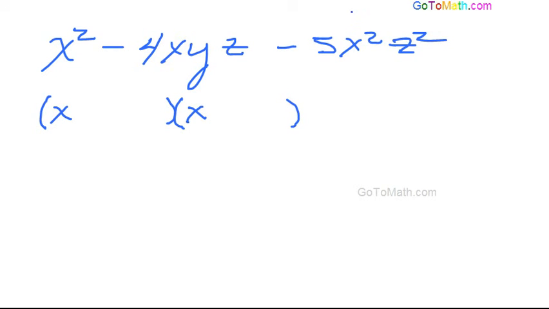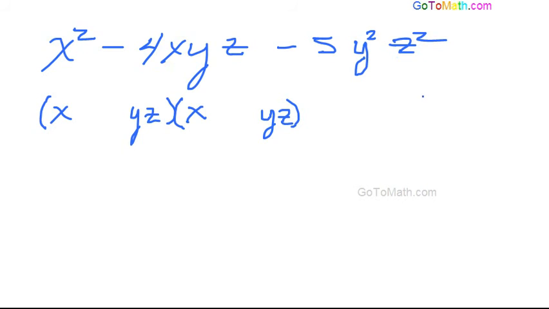A y squared. Huh. I'm like going, man, something is not right here. Okay. So I could put, let's see, we'll put a y here, a z here, a y, and a z, because y times y is y squared, z times z is z squared, right?